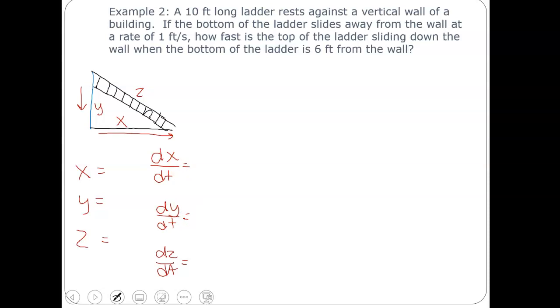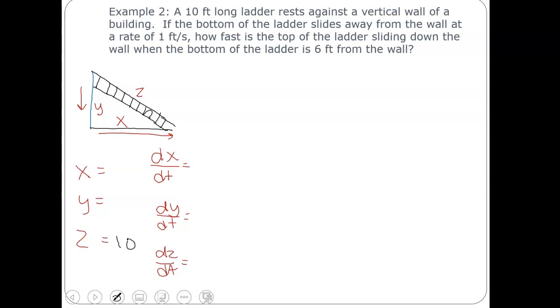So then I go back and I say, okay, what is what? A 10-foot ladder. So the ladder is 10 feet. So the ladder is the length Z. So Z is 10.